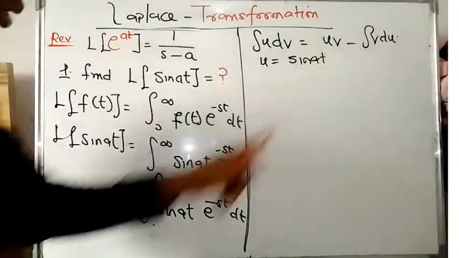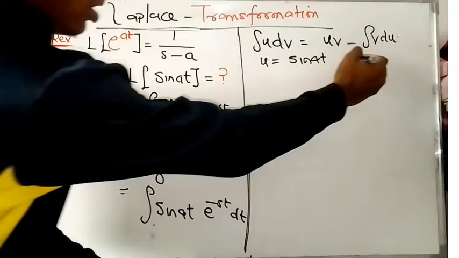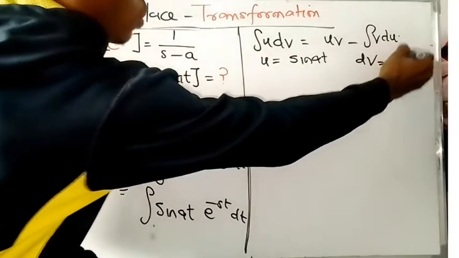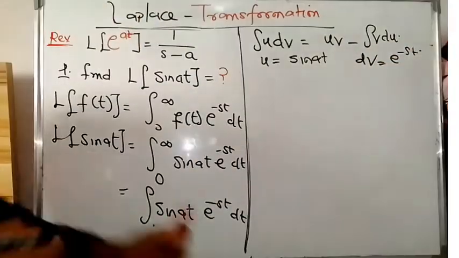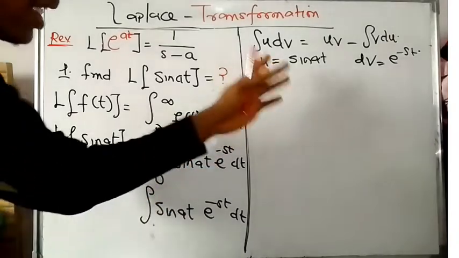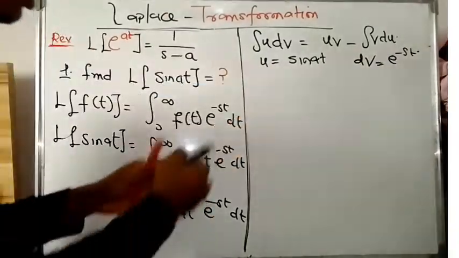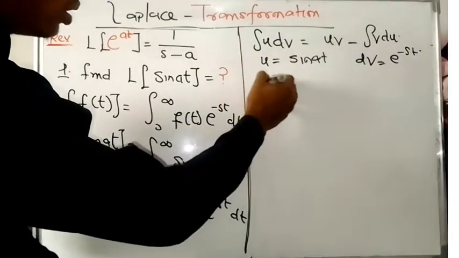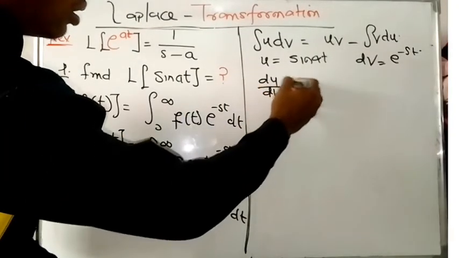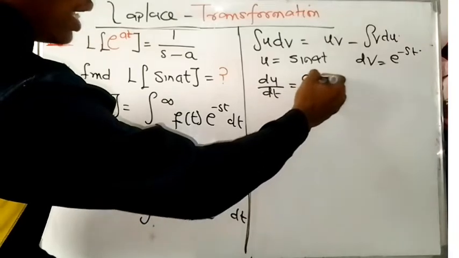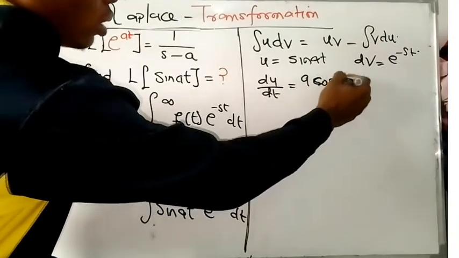I'll call u sine at, and dv is the exponential of minus st. For u we are going to differentiate, and for dv we are going to integrate. Differentiating u, we have du/dt equal to a cos at.